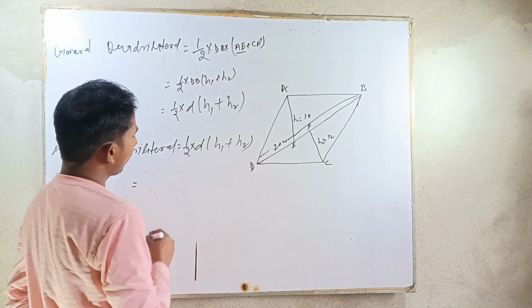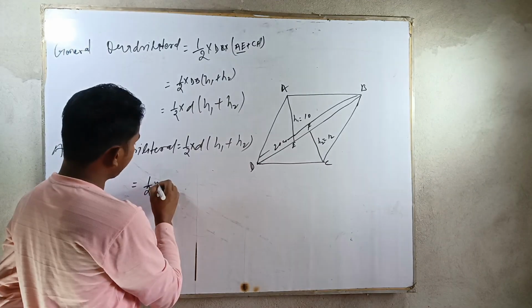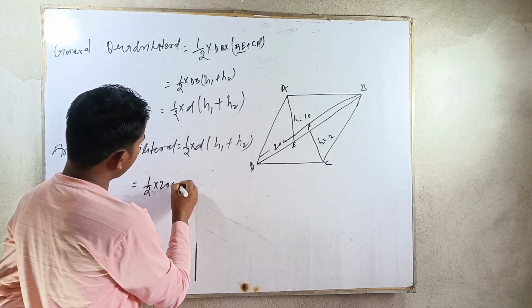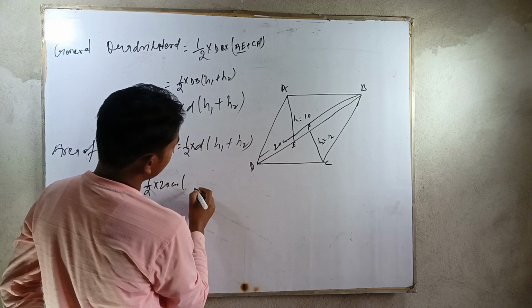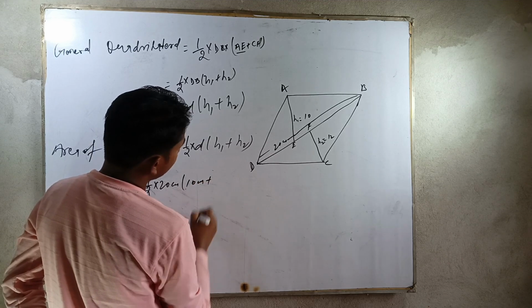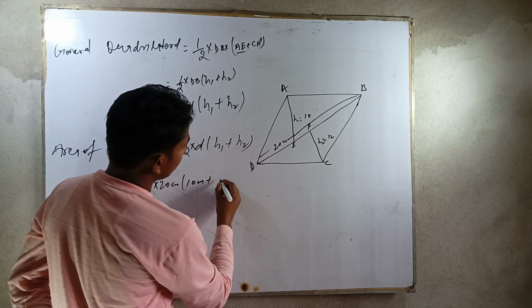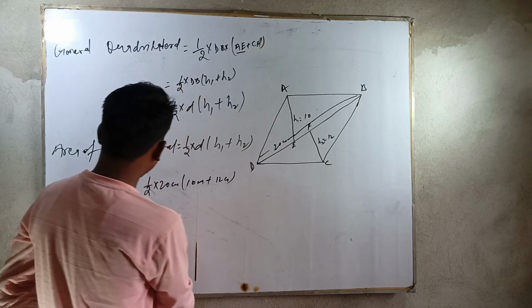Same thing: 1 by 2, D is 20 centimeter, H1 is 10 centimeter and H2 is 12 centimeter.